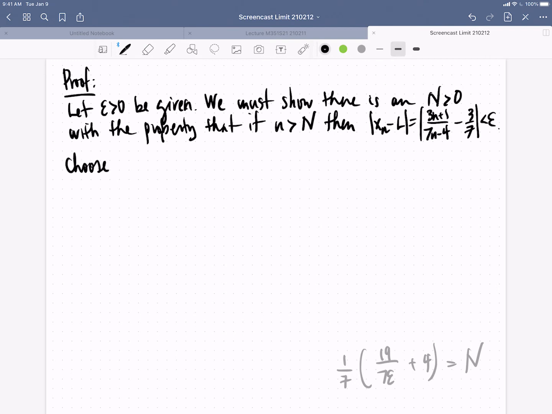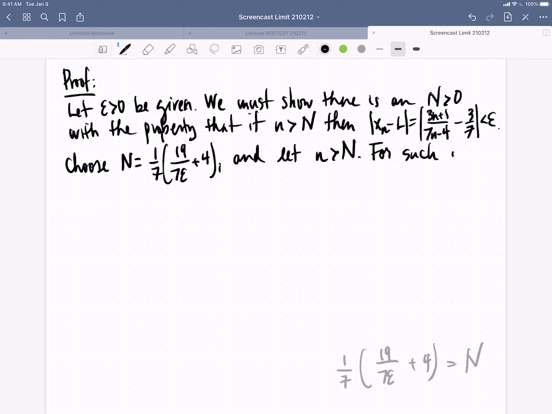The next step is we're going to choose our N to be the thing we calculated in our scratch work, so I'm just going to recopy this. Choose N to be 1/7 of (19/(7 epsilon) + 4). And let's let n be bigger than this capital N.